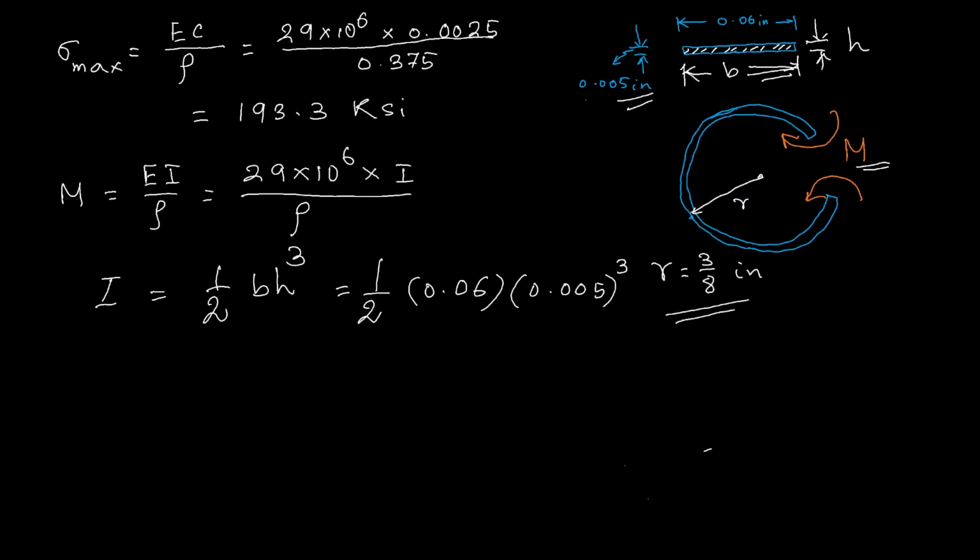Now if you do that, you will get I, and if you substitute here, you will get a value of 0.0483 pound inches. Okay, so that's the value which you should get.